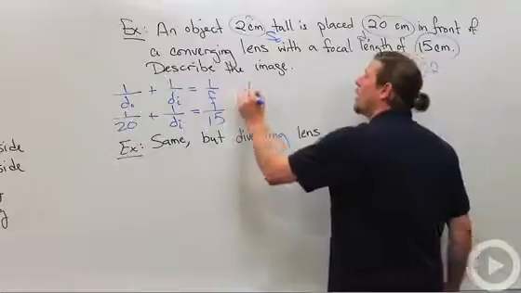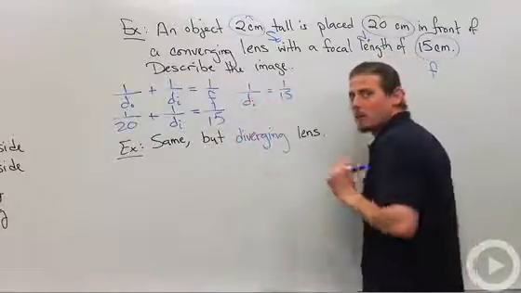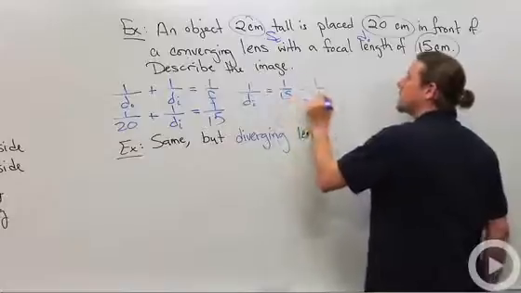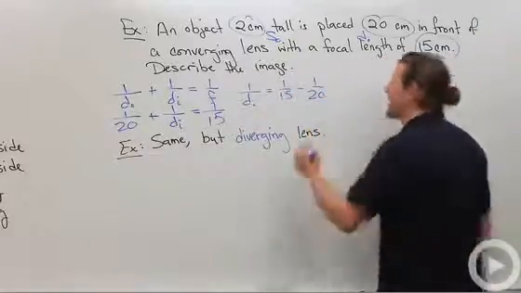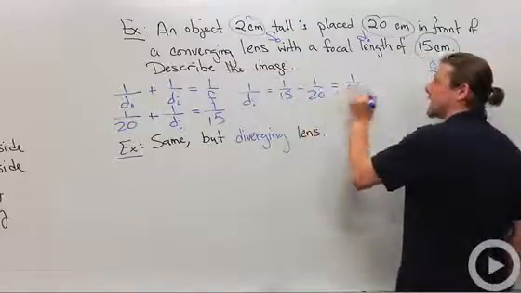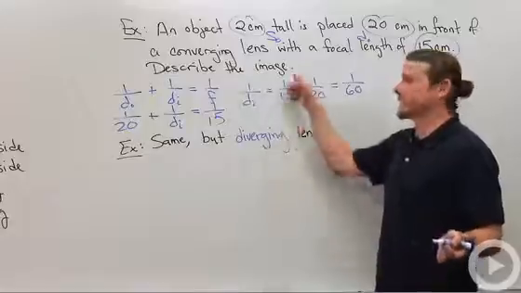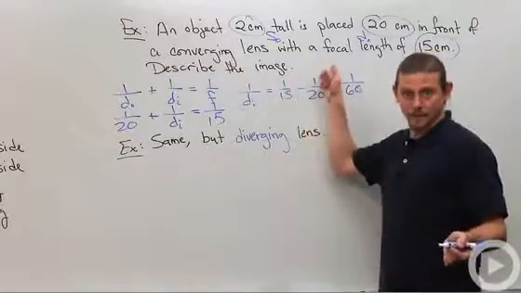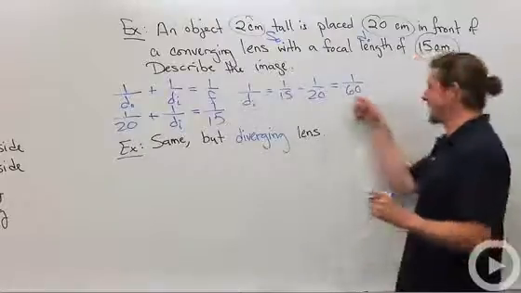So that means 1 over DI is equal to 1/15 minus 1/20. If you go through that, you'll find that this is 1 over 60. The easiest way to do it is just type in your calculator: 15 to the negative 1 minus 20 to the negative 1 equals, and then answer to the negative 1, and you'll get 60.